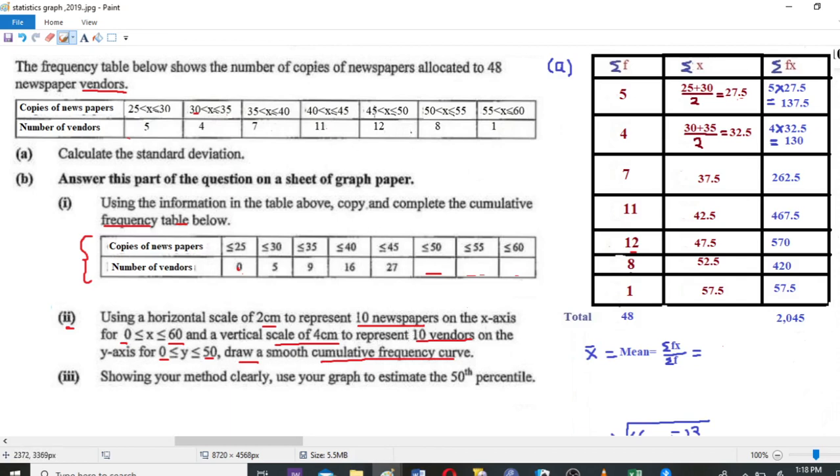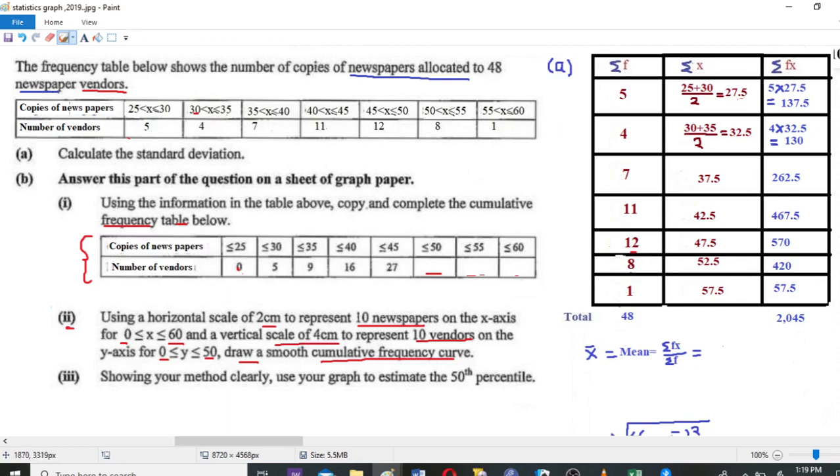So the question says, the frequency table below shows the number of copies of newspapers allocated to 48 newspaper vendors. There are two things you need to focus on here: copies of newspapers, and vendors for newspapers.